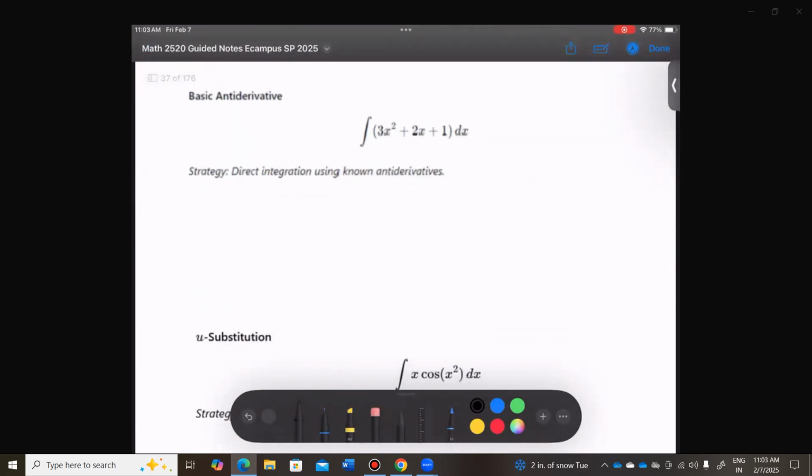Alright, so we're going to go through examples. First example is just a basic antiderivative. This is a polynomial, so you just kind of reverse what we do for derivative. So instead of multiplying by the power and dropping the power by 1, we do the opposite. We increase the power by 1 and then divide by that power.